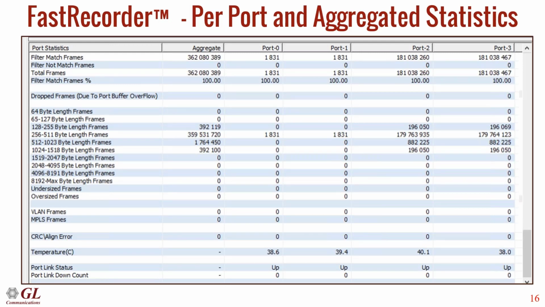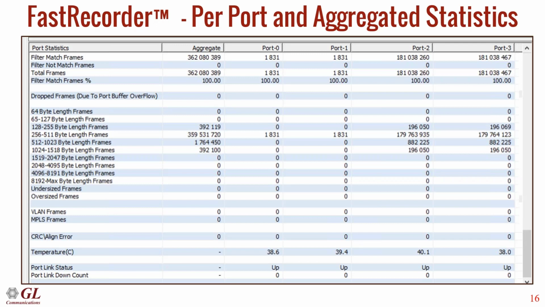Okay, so in addition, we also give you per port and aggregated statistics. So here for each of the ports, you have individual stats for the port. Again, things like how many frames are captured, how many frames match the filter, and then going even deeper, you'll see how many frames fall into a certain byte range.